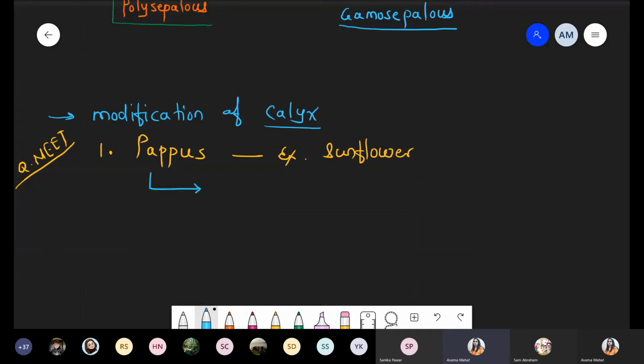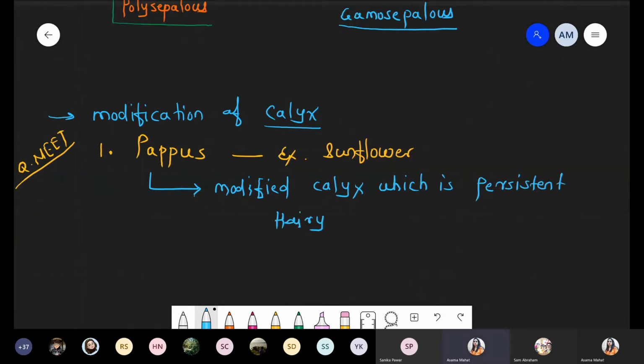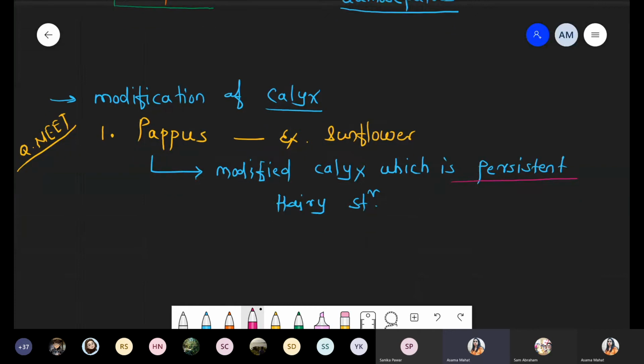Pappus are basically modified calyx, modified into a persistent hairy structure. Underline this word, persistent. It is a modification. These are the modified calyx.